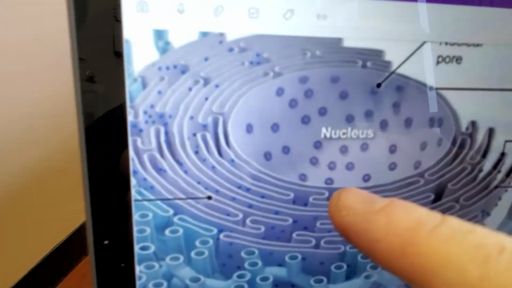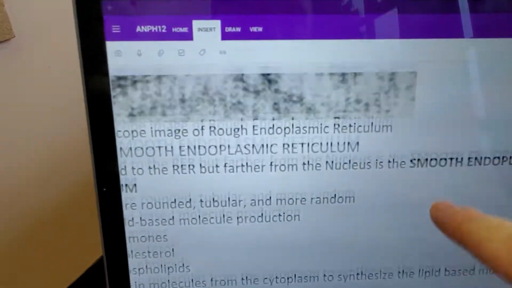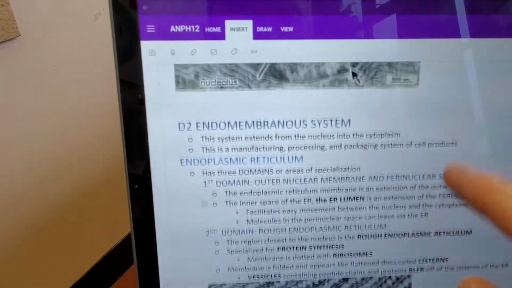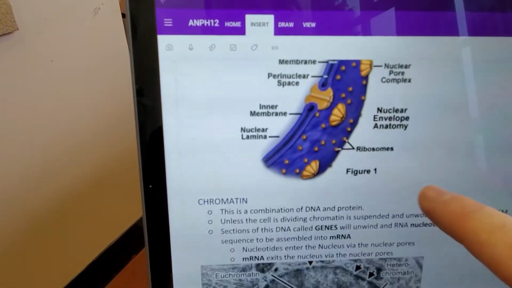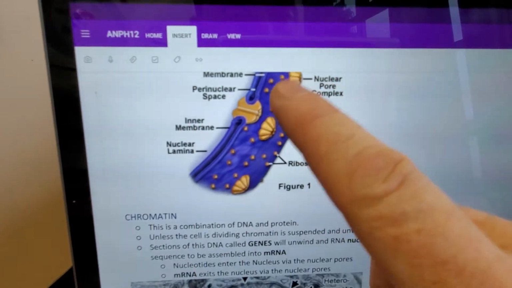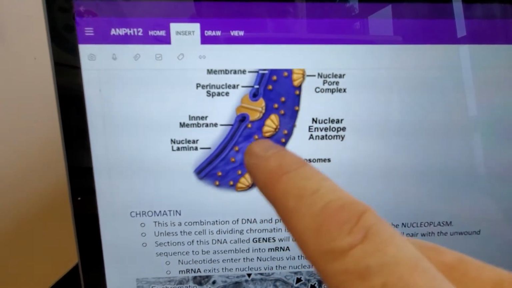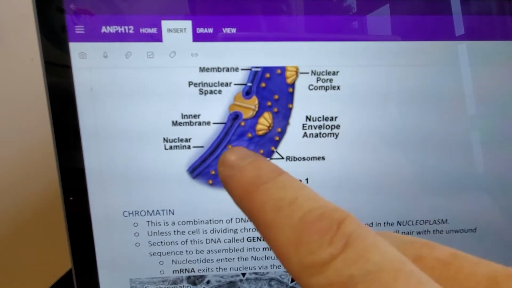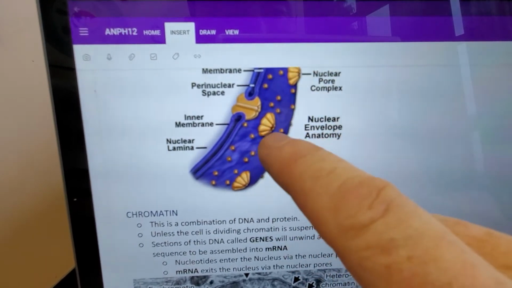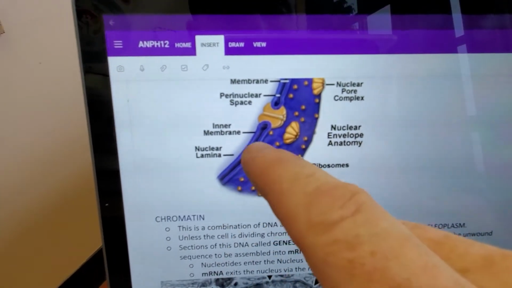If you remember from our diagram yesterday, we didn't really go over it, but this is the outer nuclear membrane.